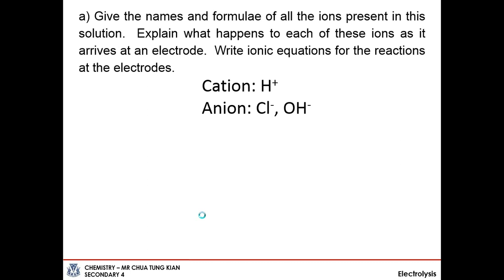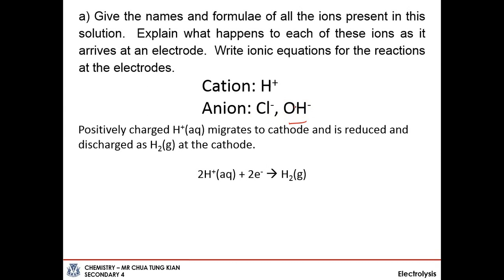So cation is H plus, anion is Cl minus and OH minus. OH minus is from water. So what happens? The positively charged H plus ions migrate to the cathode, and it is reduced and discharged as hydrogen gas at the cathode. H plus gains electrons, giving you H2 gas.